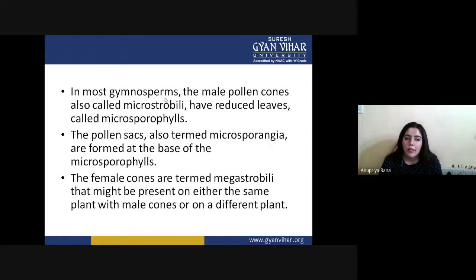That's why we say the gymnosperm has a heterosporous life cycle, because the spore formation, the megaspore and microspore, happens at varying places. Their growth happens separately. They do not develop from the same spore. That's why we call it the heterosporous life cycle.